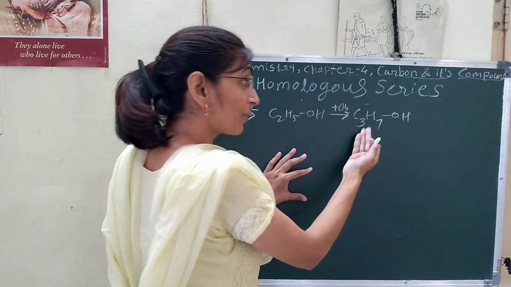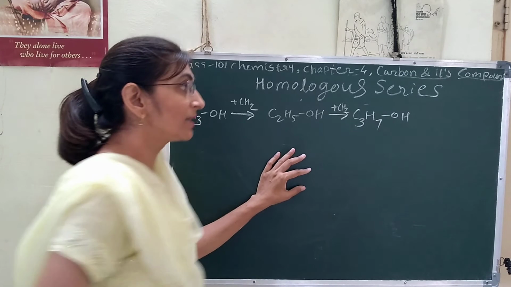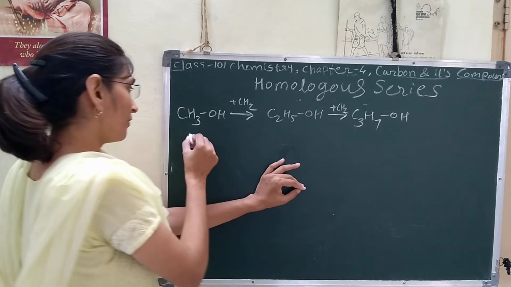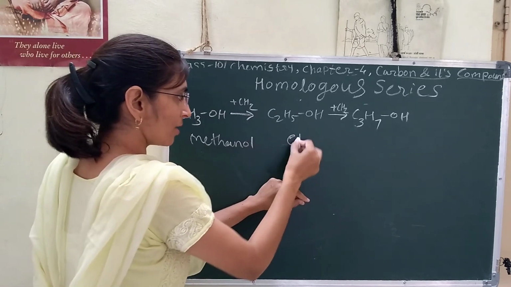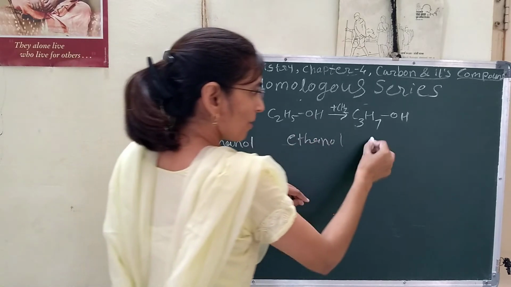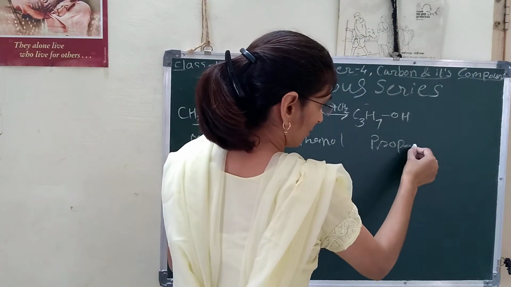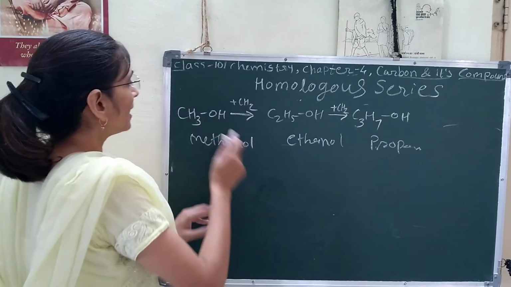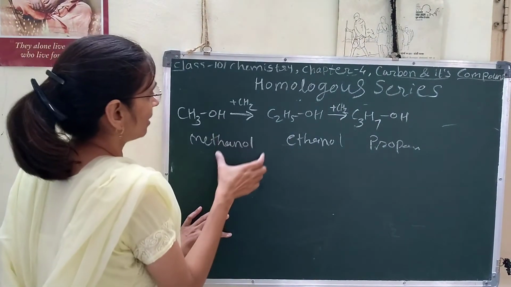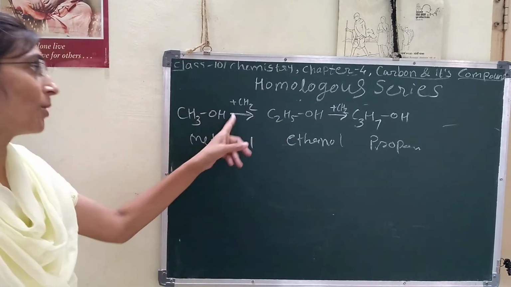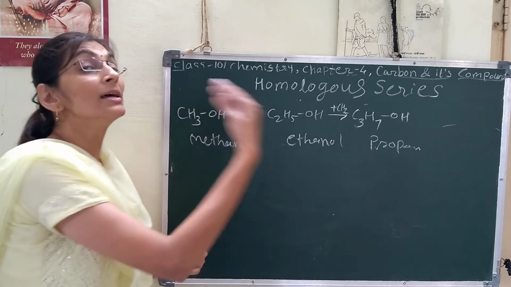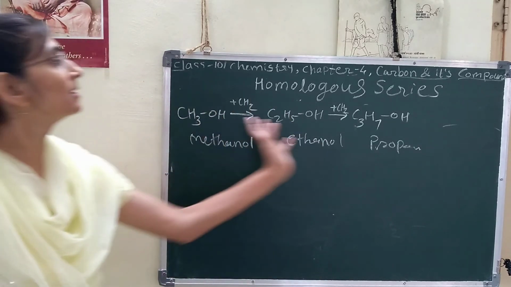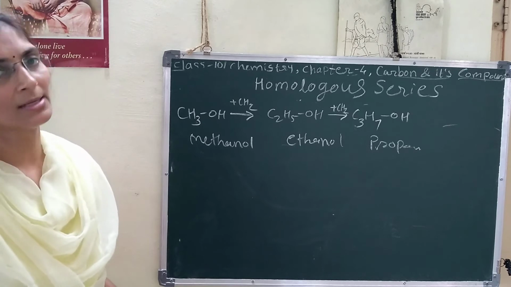What is that? As 3 carbon atoms are there, it is propanol. First is methanol, ethanol, propanol, and so on. Each consequent member differs by CH2, which means we have to add CH2 for the next compound of this particular homologous series.